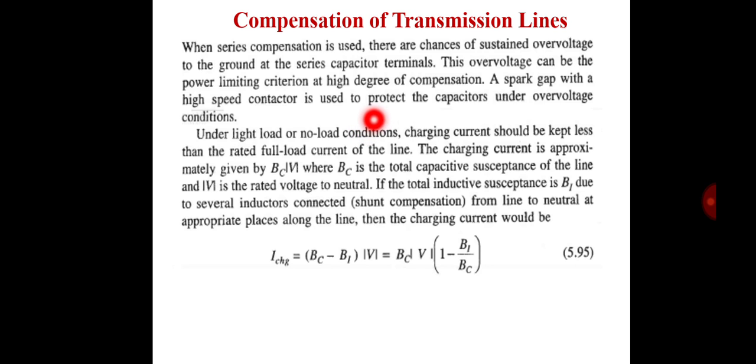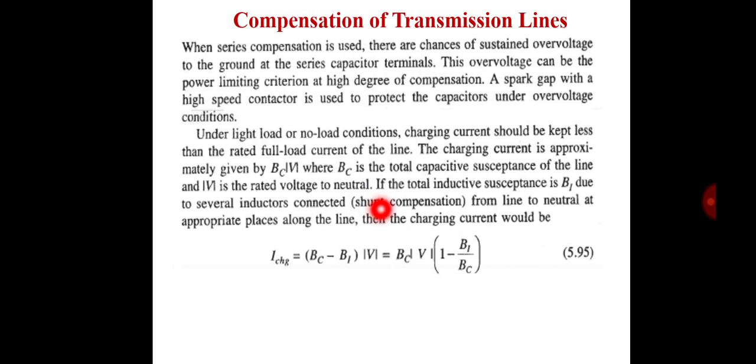to protect the capacitors. Okay, under high load or no load condition, charging current should be kept less than the rated full load current of the line. The charging current is approximately given by BC into V, where BC is the total capacitive susceptance of the line and V is the rated voltage to neutral.